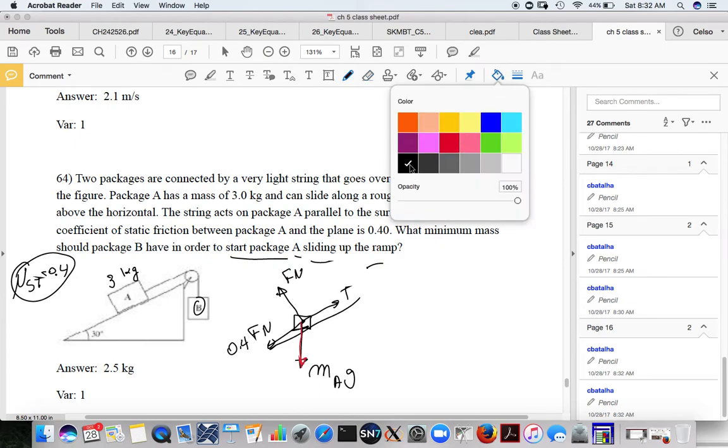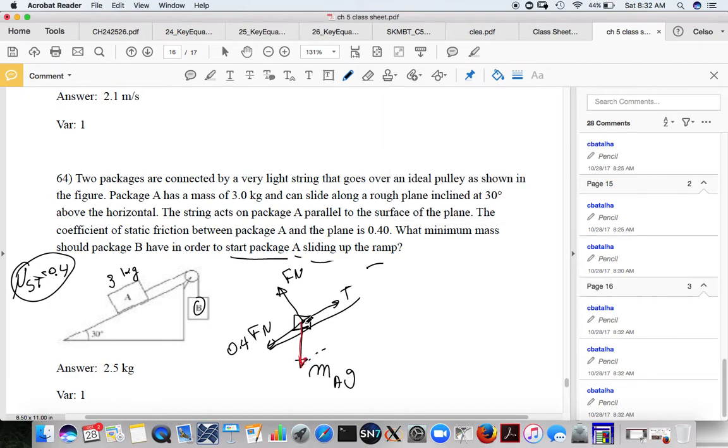The projections are mg cosine theta, this is 30, and mg sine theta. So this is about to start moving, right? And T, therefore, is equal to the sum of these two forces.